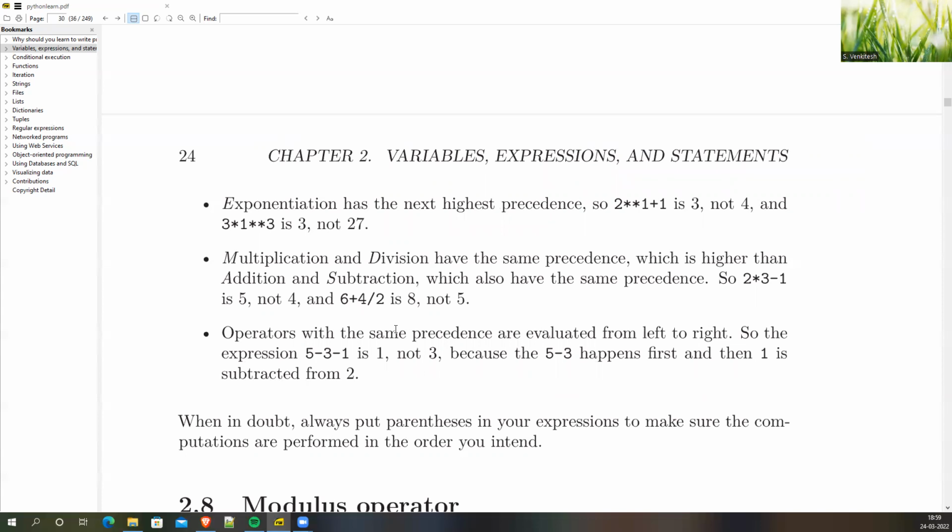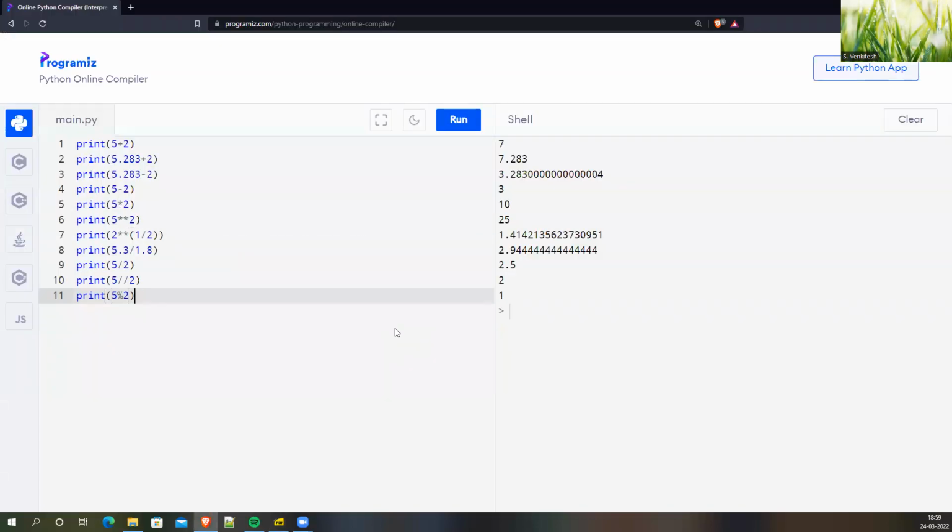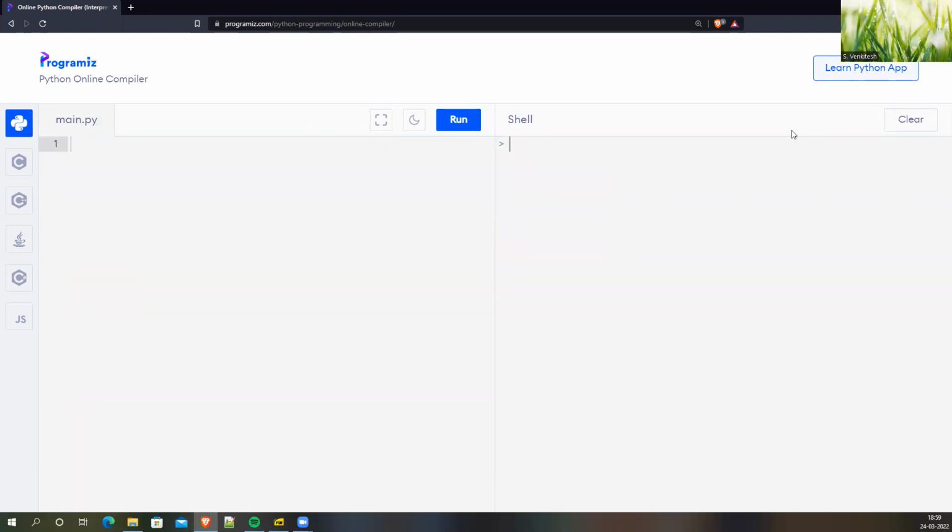Okay. So for instance, let's do one complicated expression. So let me clear this part. Now, simply go on writing 2 plus 9 into 4 minus 7.